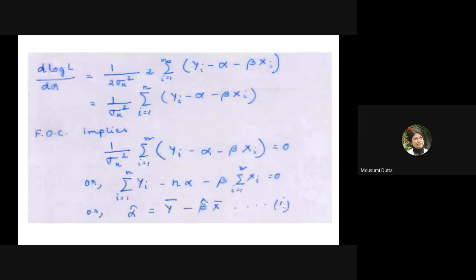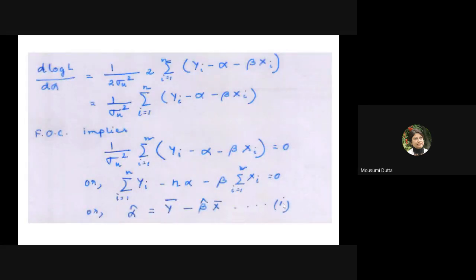First you have to practice up to this. You need to know what log L will be. Once you get log L, you will be able to take differentiation easily. Three first order conditions you need to consider, because you have to maximize log L: one with respect to alpha, another with respect to beta, and another with respect to sigma u square.